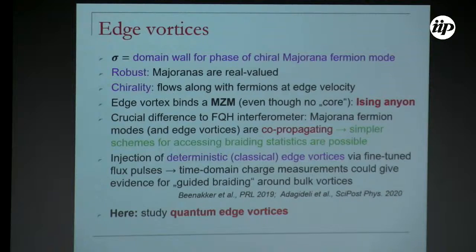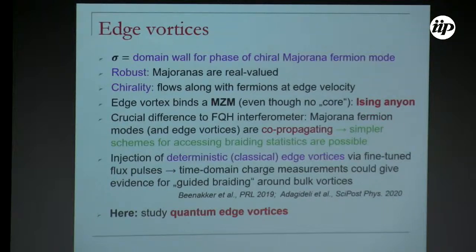zero mode. And this vortex has no core. So you have no problems with these Caroli-Matricon-de Gennes states. It's basically just a coreless vortex. So it only has this Majorana zero mode, nothing else. And that's the Ising anyon that we are after. Yeah?